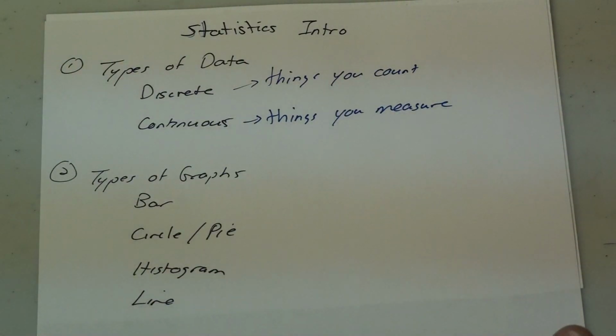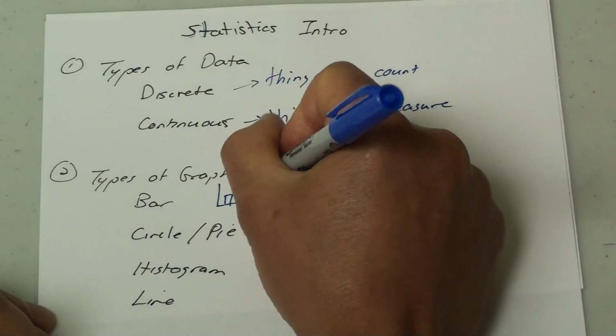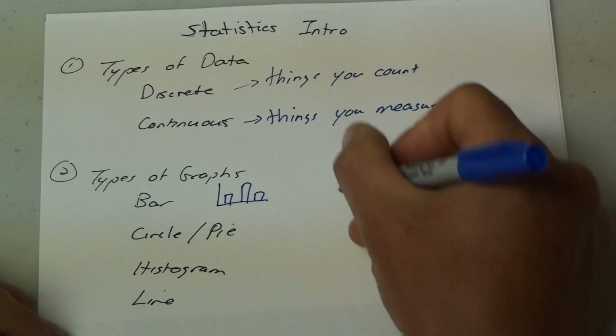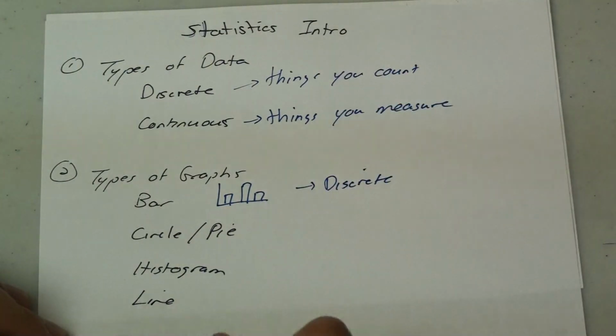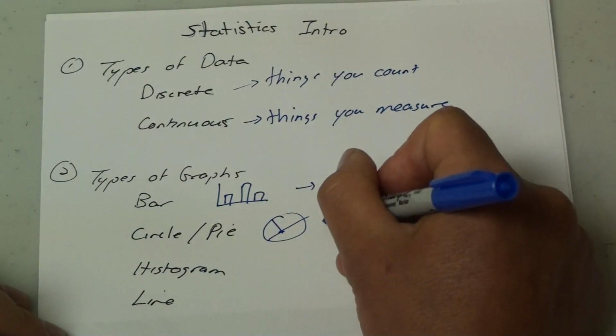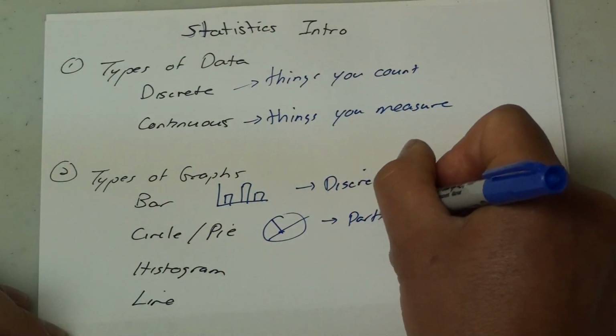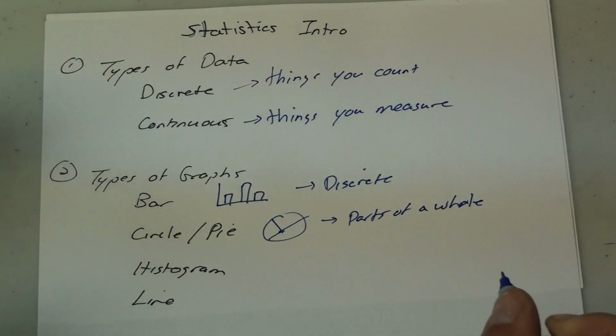There are different types of graphs you're going to be dealing with. The first one being a bar graph, which you will have seen for many years. Okay, this is perfect for discrete data. Then you have a circle or a pie graph, which is perfect for parts of a whole or percentage type data.